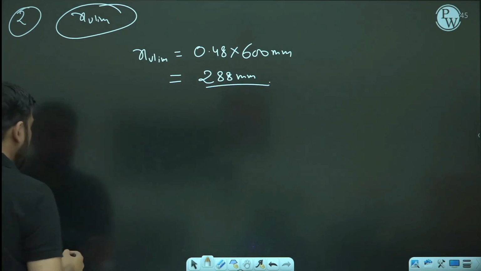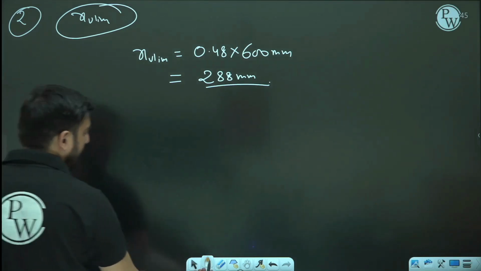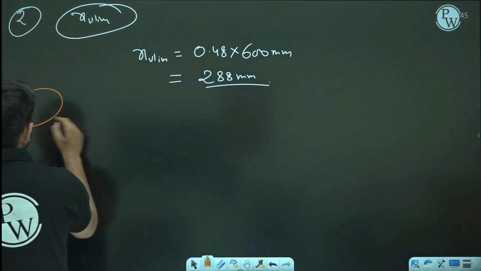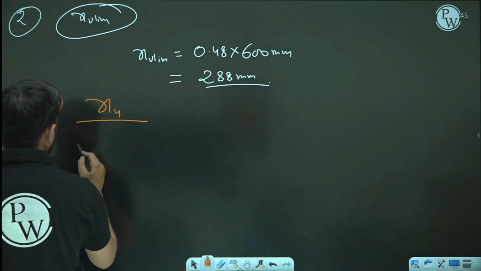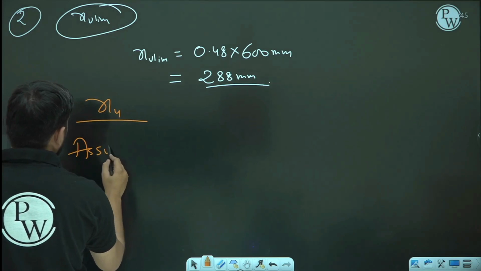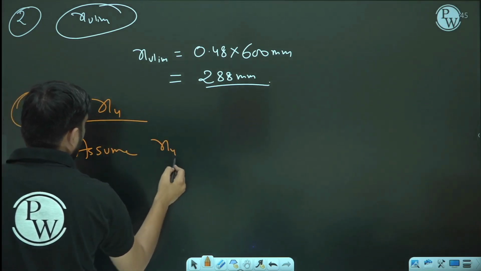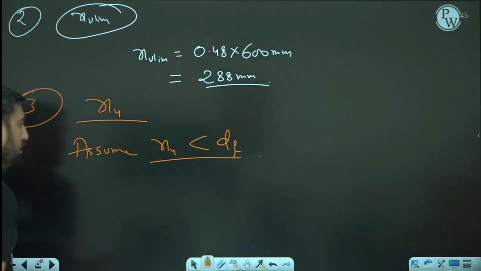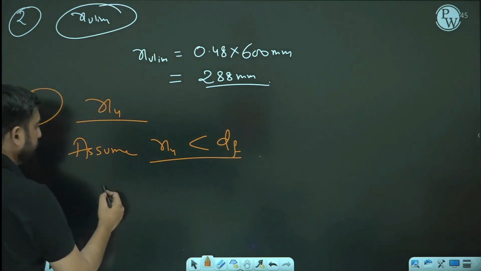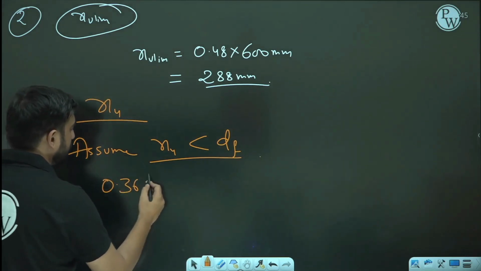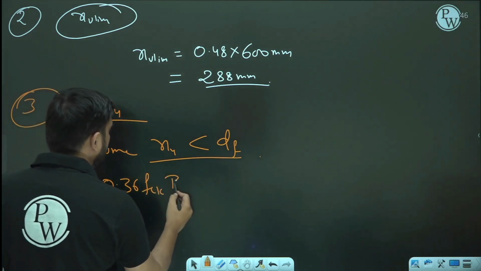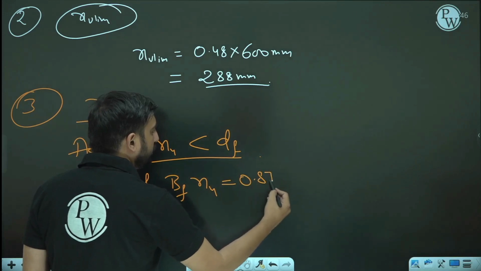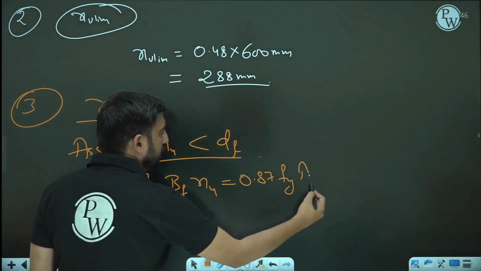Third step, I am calculating XU, and I am first assuming XU is in flange only. So if you are using it, then you can write BF XU is equal to 0.87 Fy into AST.